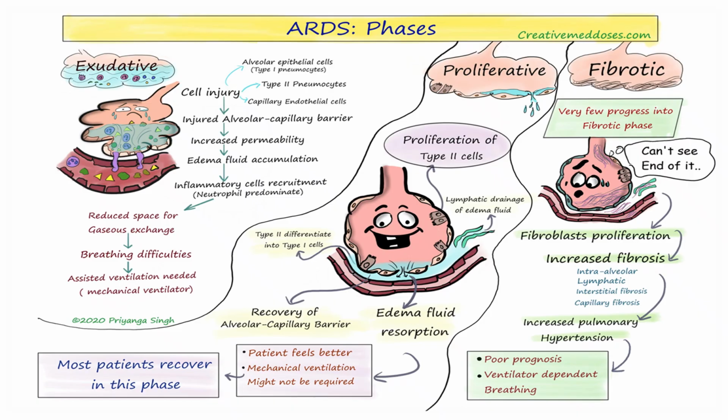Now, the patient is going to progress into the proliferative phase. That's where you're going to have all the fibroblasts and whatnot attempting to repair the lung tissue. And most patients are actually going to recover in this phase. However, depending on the extent of that damage that occurred in the exudative phase, if it was significant, patients may end up in the fibrotic stage, and that is where the lung tissue is going to begin remodeling.